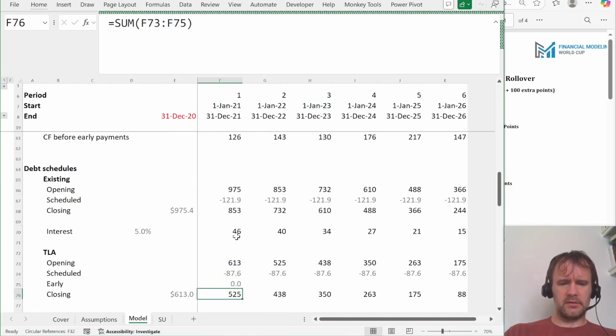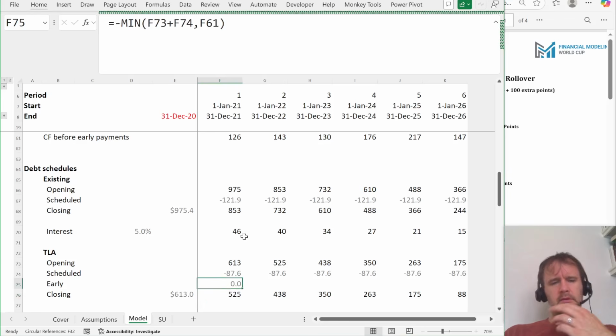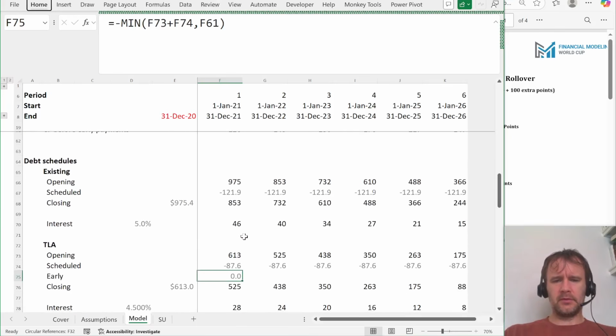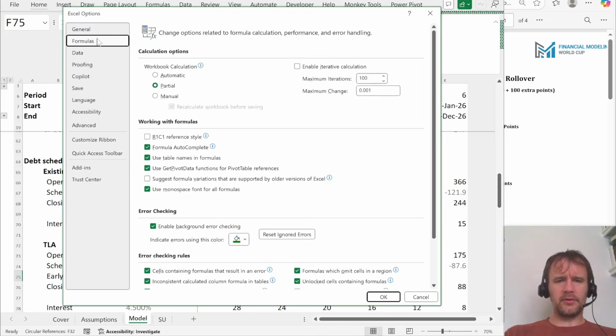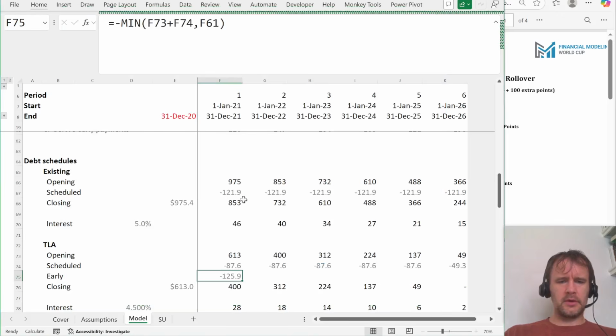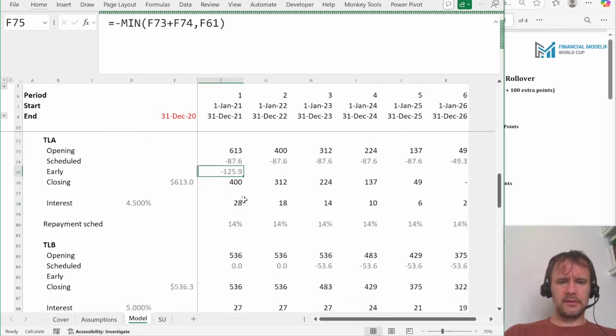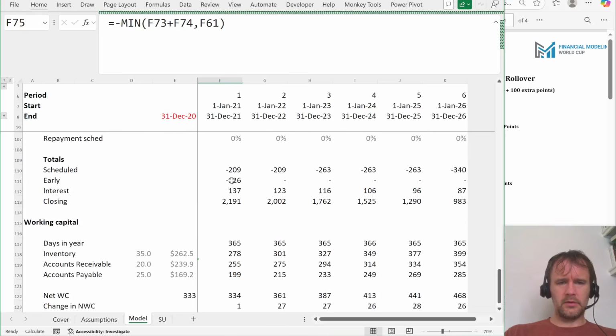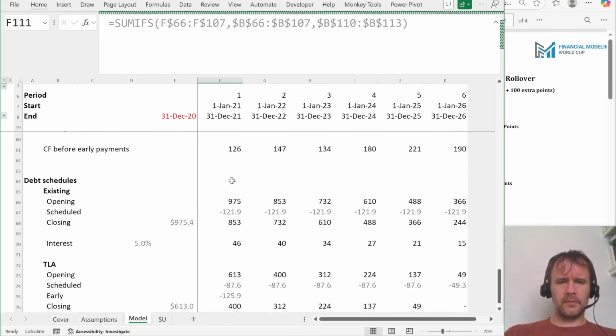Circularity. Really? Is it? Alright, well, sometimes it's easier to just turn on circular refs. I'm confident that there's not a true circularity, so I think it'll just immediately converge. So that's that. Then my early repayments, sorry, here now kick in, yes.